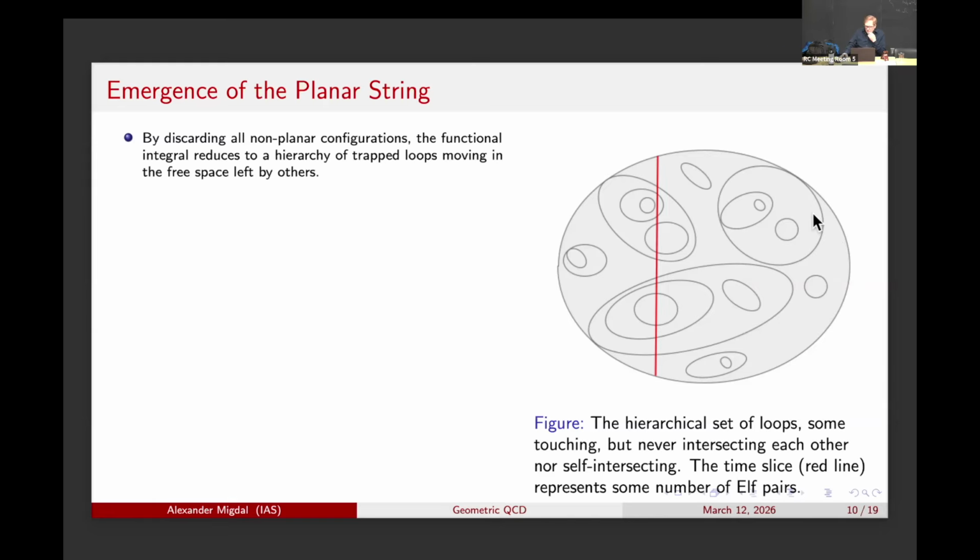Okay, so if you look at that picture of these self-avoiding fermionic trajectories, I was just too lazy to draw arrows, but imagine arrows. So there are all these trajectories on a disk. So they vary between each other without intersection. And if you take a red line, which is like a time slice, what do you get? You will get some number of these pairs of fermions.